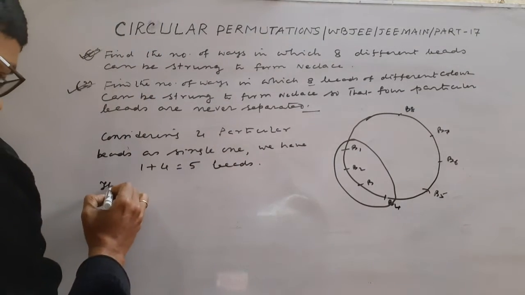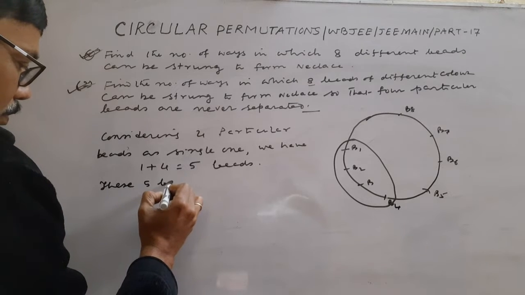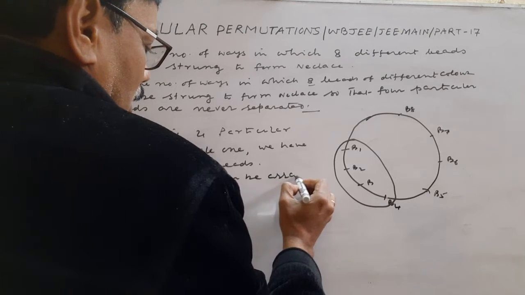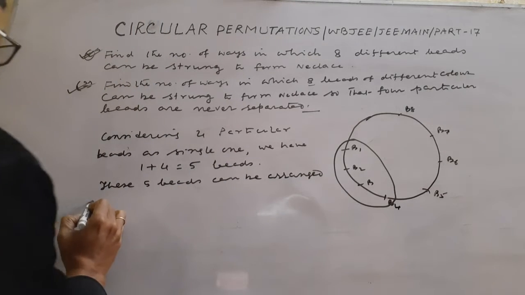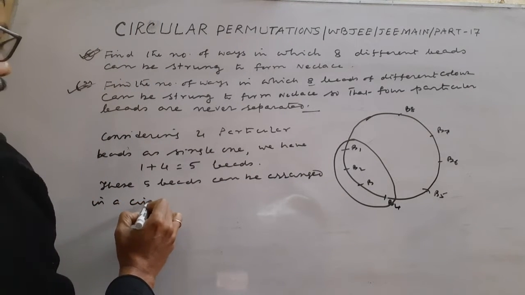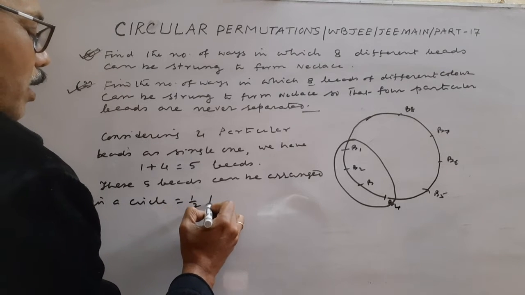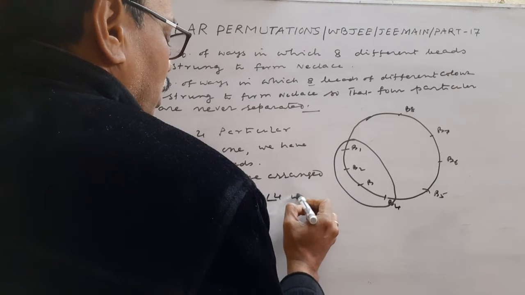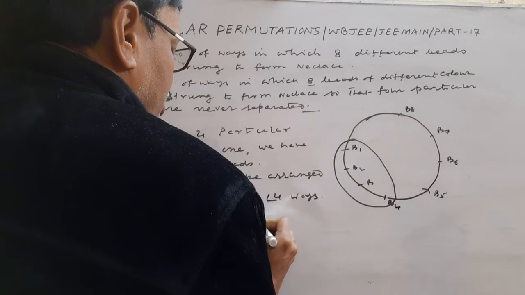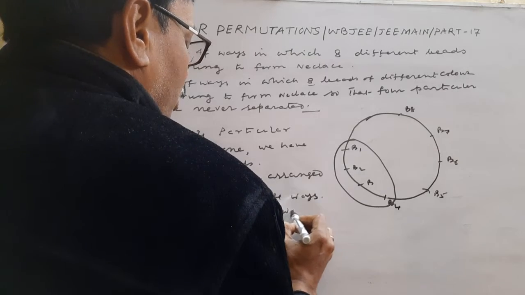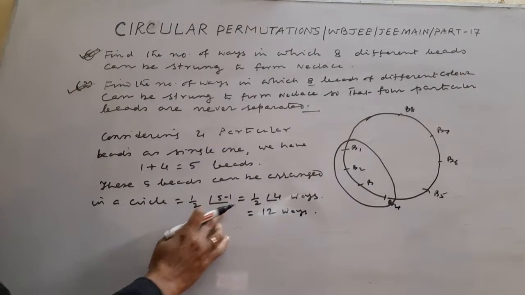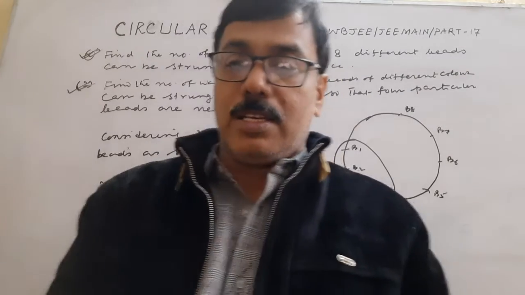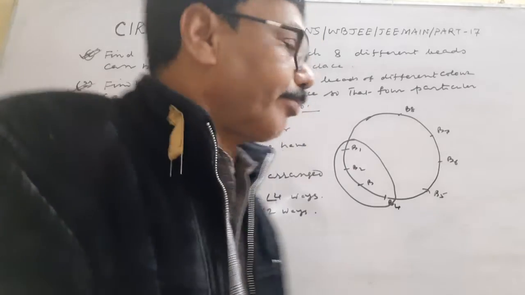So these 5 beads can be arranged in a circle in half of factorial 5 minus 1, so half of factorial 4 ways, that is 12 ways. 5 minus 1 is 4, and there is no distinction of clockwise and anti-clockwise direction.